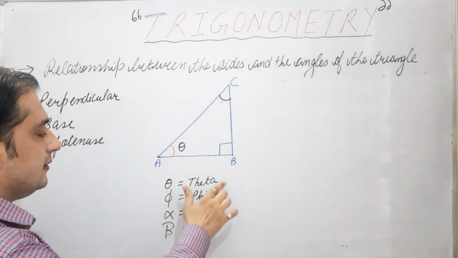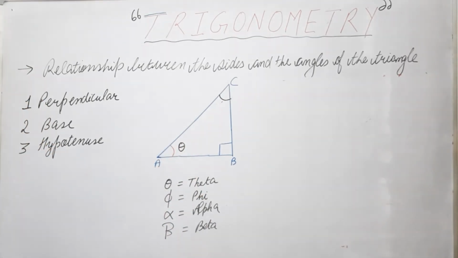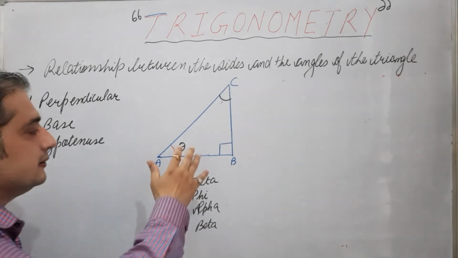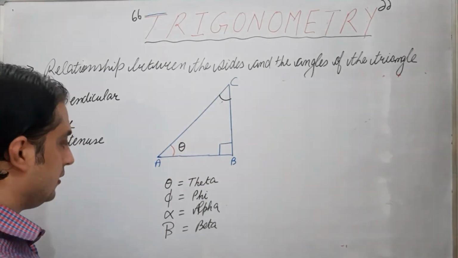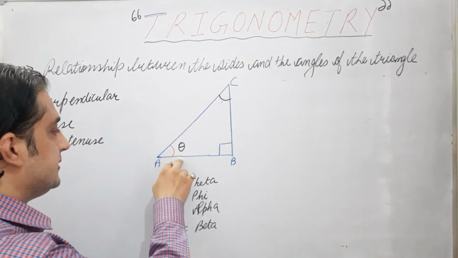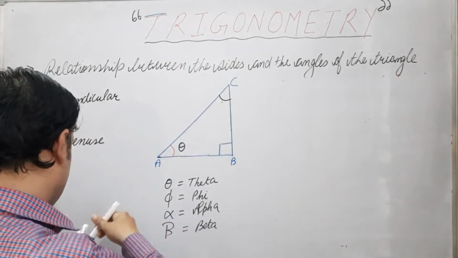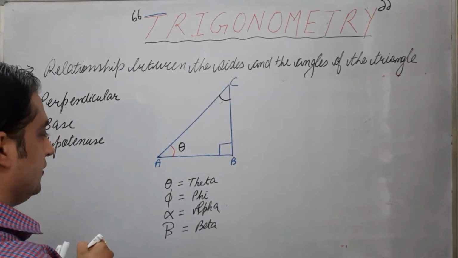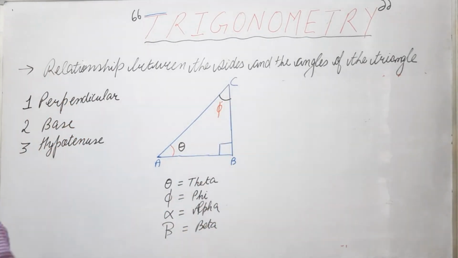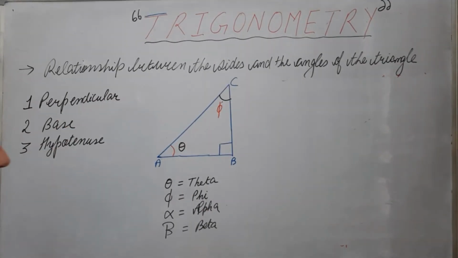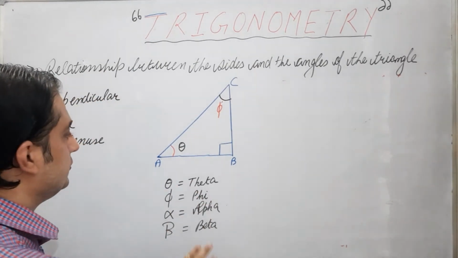So these are the Greek letters used to indicate an angle, that is acute angle, in the right angle triangle. If I consider this as angle theta, I can write this angle as my angle phi. You can write any letters of the English alphabet to designate your angle, right?